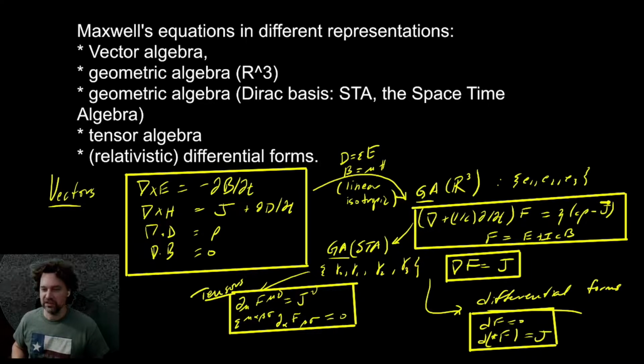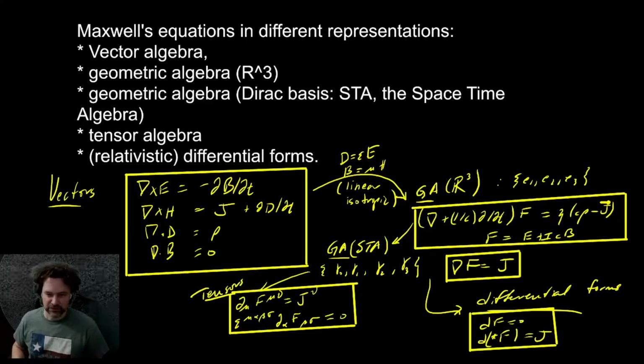We're not going to use any of the possible matrix representations of these, but we will just assume that they obey those square value relationships mentioned, and we'll see that the form of Maxwell's equation, also singular as it was in the R3 geometric algebra case, has this form grad F equals J, where this is a non-arrow grad symbol that incorporates both the space and time derivative terms in a subtly different way than this, and also a 4-vector current density, which is a constant times this multivector current relationship.